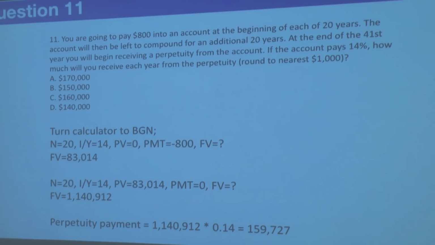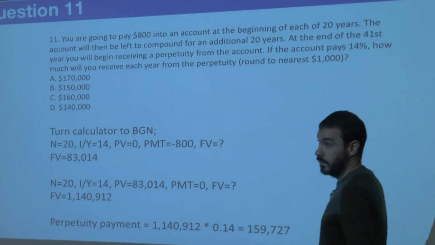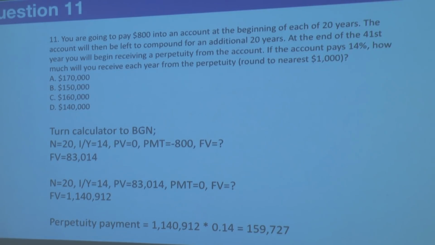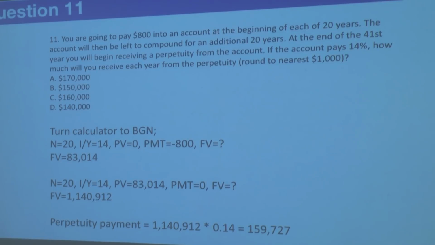So the present value of this perpetuity is here at time 40. The perpetuity that starts at time 40 makes the first payment at time 41, which is the end of the 41st year.